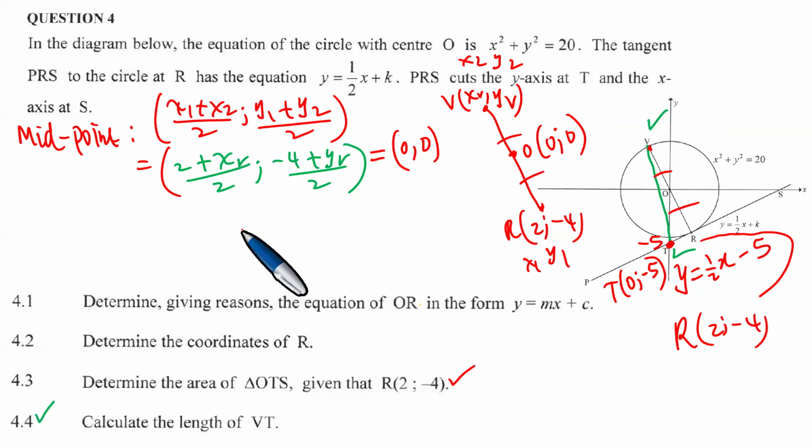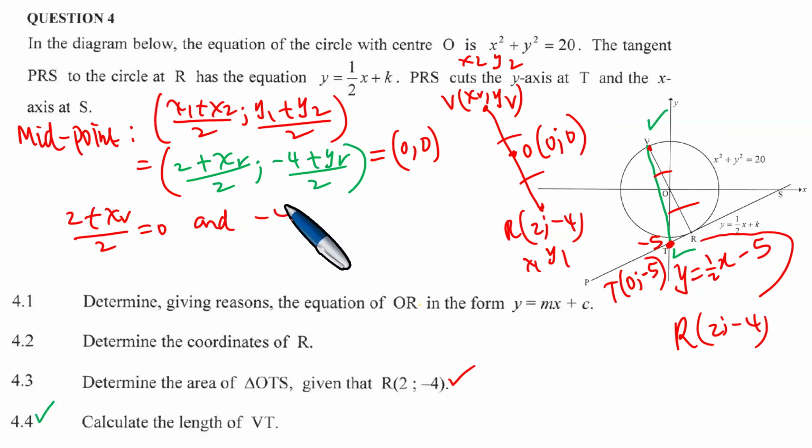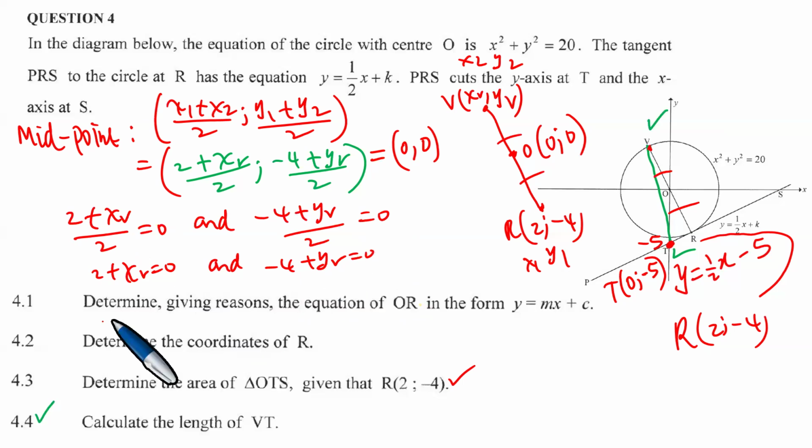So we have (2 + xv) out of 2 equals 0, and (-4 + yv) out of 2 equals 0. You cross multiply: 2 + xv equals 0, and -4 + yv equals 0. So xv is -2, and yv is 4.